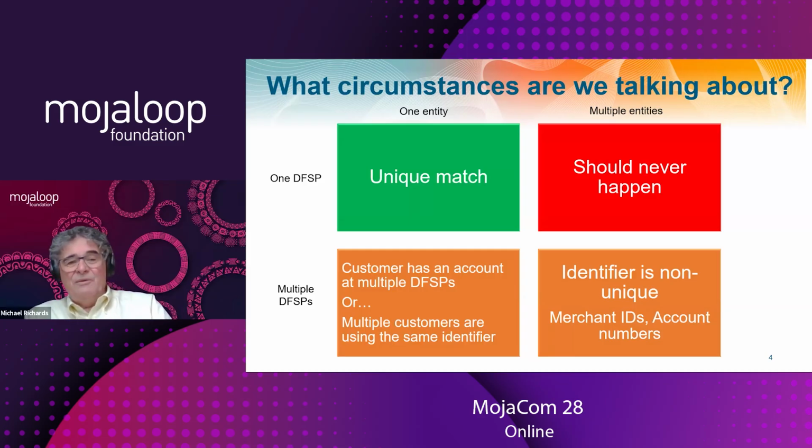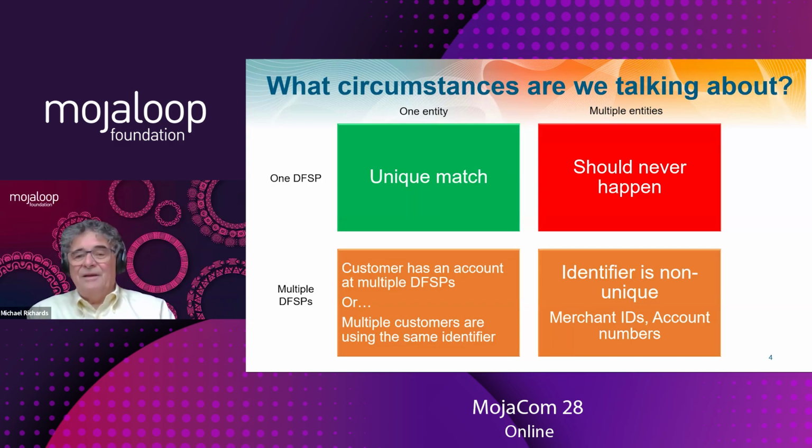On the other hand, where we've got multiple entities at multiple DFSPs, that means we're talking about a non-unique identifier, like merchant IDs in the case that I talked about, or bank account numbers where people are sharing a core banking system. And these are slightly different from each other, at least I think in the solutions that they have.